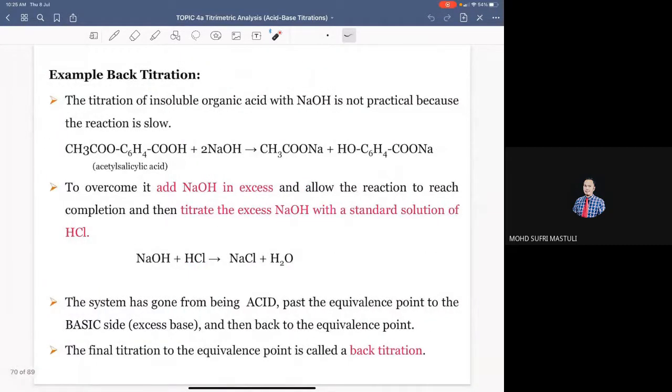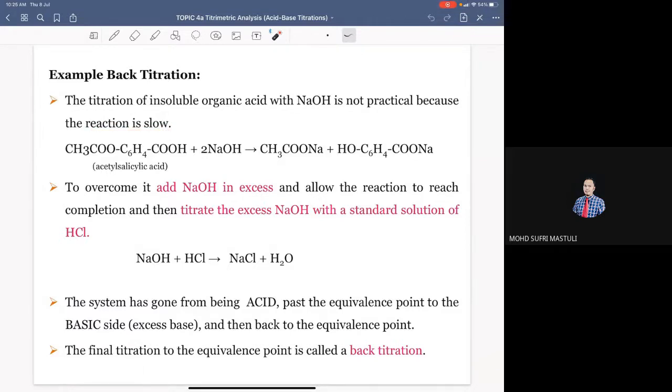So this is an example of back titration. The titration of insoluble organic acid with sodium hydroxide is not critical because the reaction is slow. So for this particular chemical reaction, the reaction is slow. Because the reaction is slow, we need back titration.